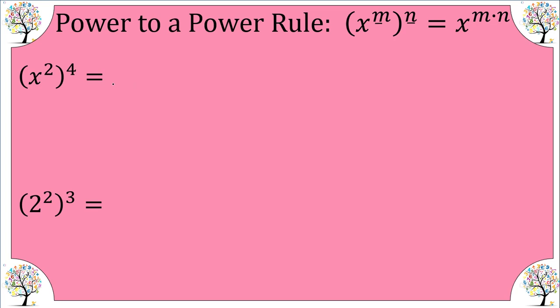So let's take a look at an example. We have x squared, which is the base, with the exponent of 4. So I have 4 x squares.